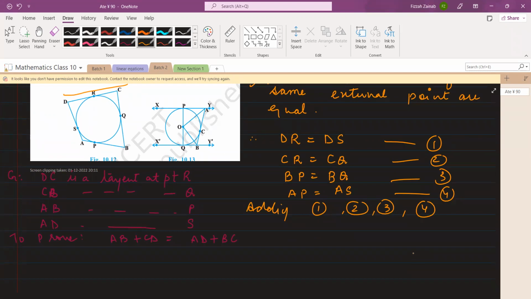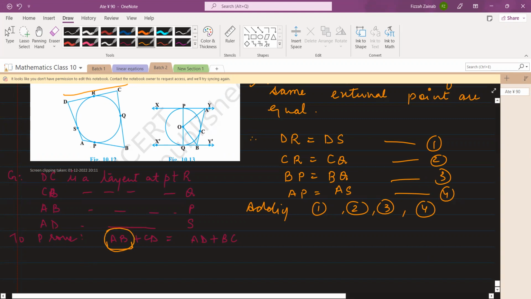Now, please see one thing very carefully here. On the left hand side, I want AB, right? In the to prove section. See here, you want AB on the left hand side, and in the figure, AB is actually AP plus PB, right? So I am keeping them on the left hand side.